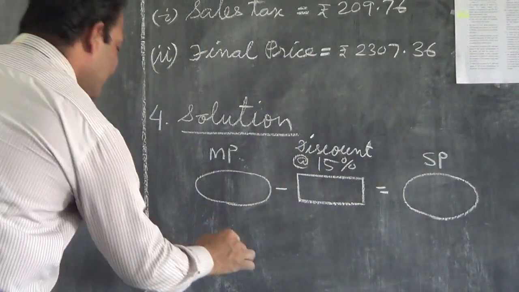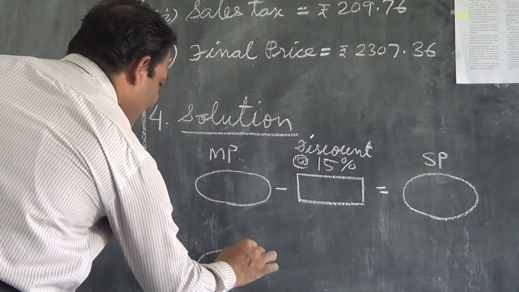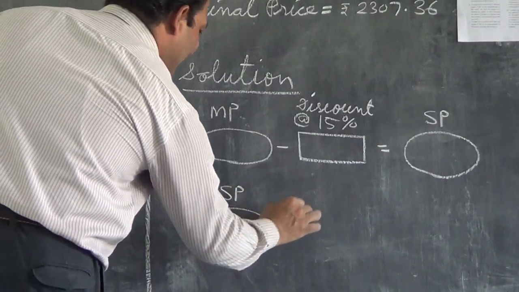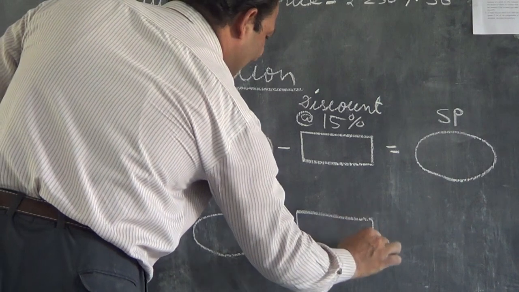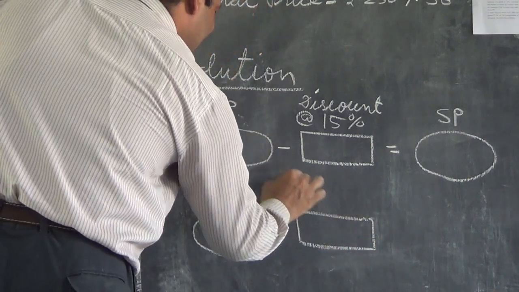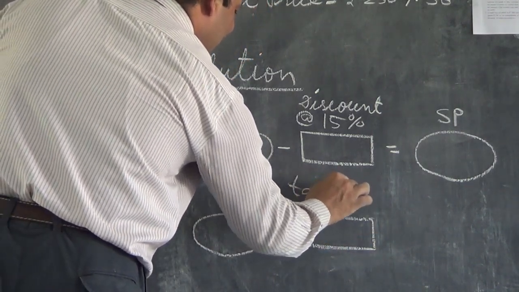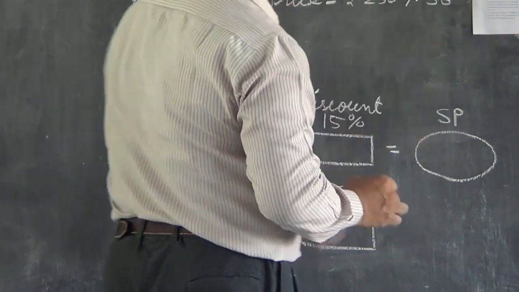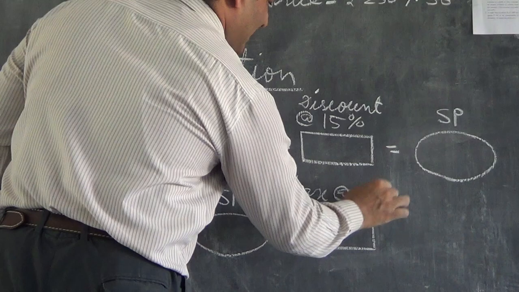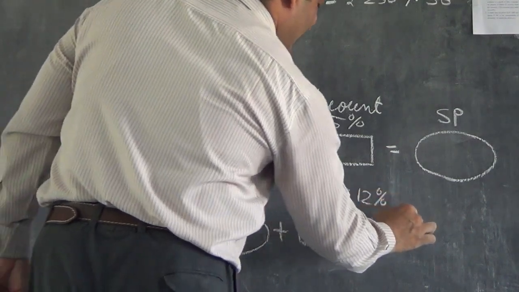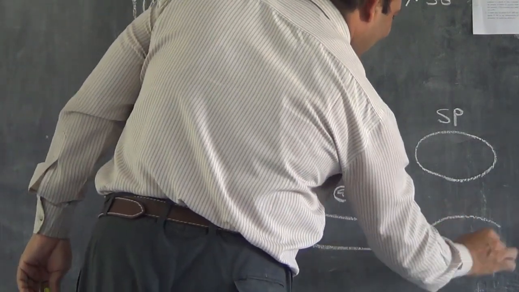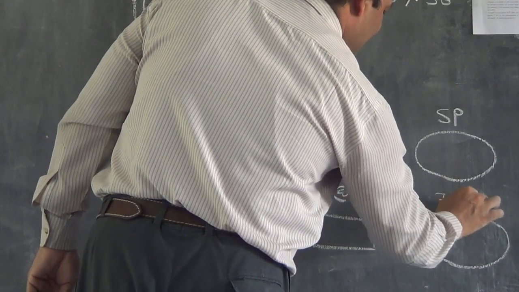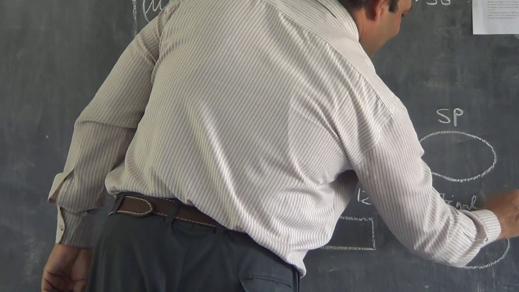And then on the selling price we have to add the tax. Tax at what percent, children? We will see the question. Tax at 12%. And that will give us the final price. This is the final price.